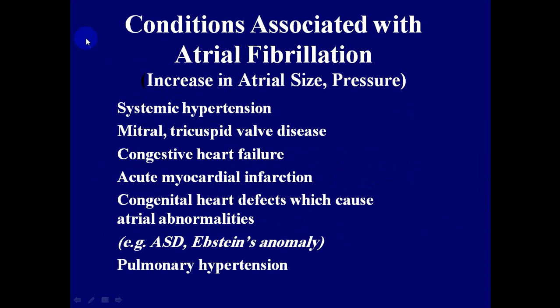Usually, please, conditions associated with atrial fibrillation that increase size and pressure in the left atrium. The mechanism is size enlargement, like mitral valve disease, Ebstein anomaly, or pressure like pulmonary hypertension. For systemic hypertension, pressure; mitral and tricuspid valve disease, pressure and volume. Congestive heart failure, volume; acute myocardial infarction; congestive heart failure, which causes atrial abnormality; ASD, Ebstein anomaly, pulmonary hypertension due to the pressure overload.